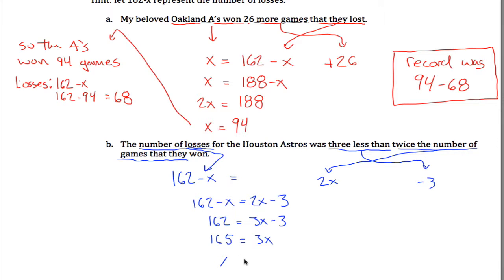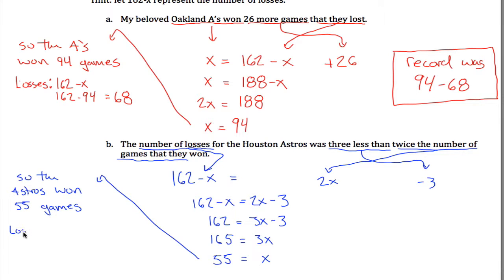If you divide 165 by 3, you get what, 55, I believe? So the Astros won 55 games. Not nearly as many as my beloved Oakland A's.